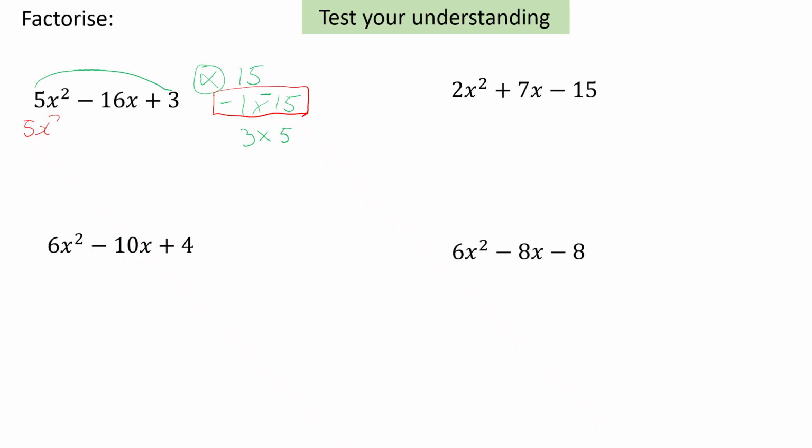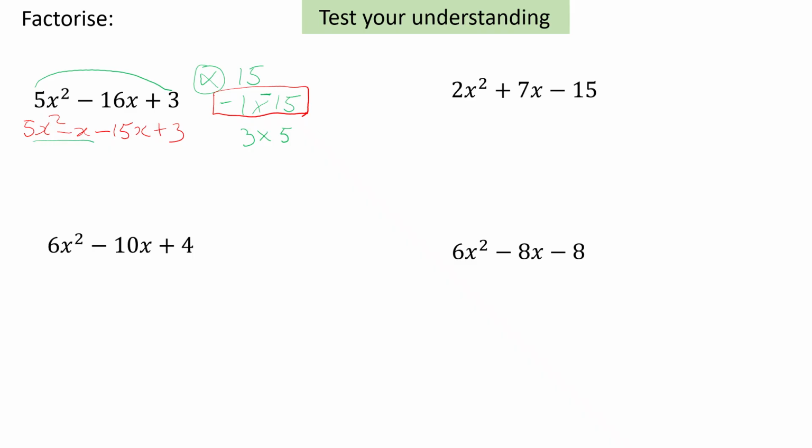5x squared minus x minus 15x plus 3. If you add negative x and negative 15x, you get negative 16x. You multiply negative x times negative 15x, positive 15x squared.